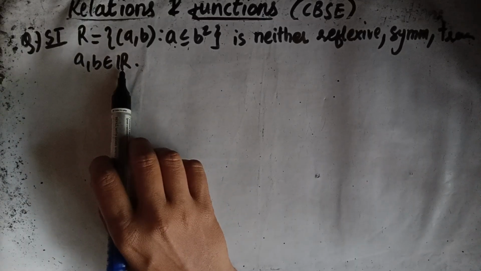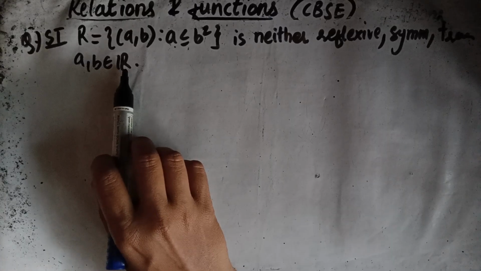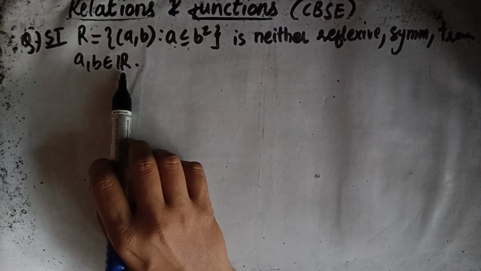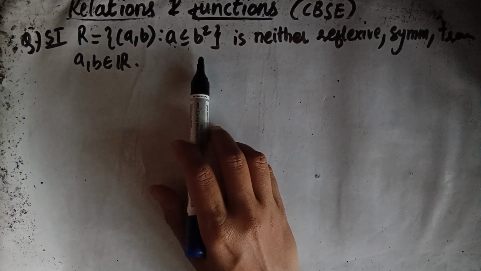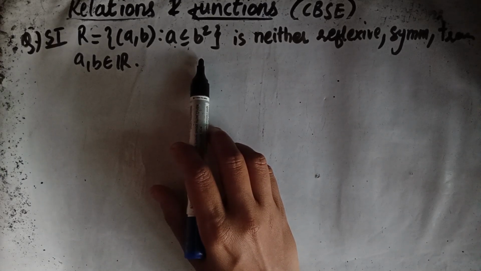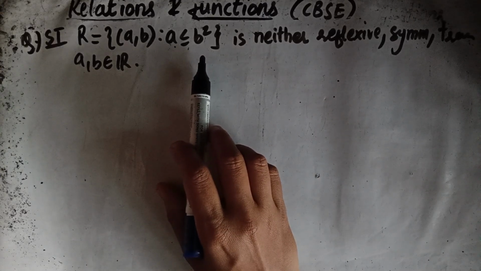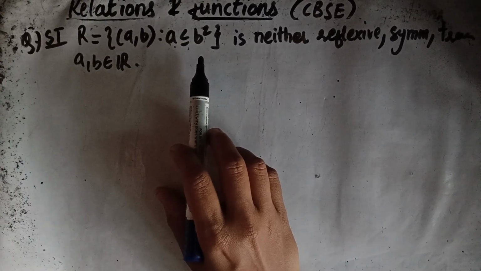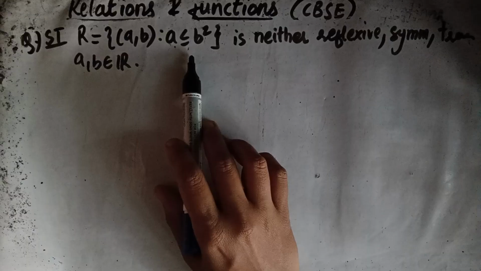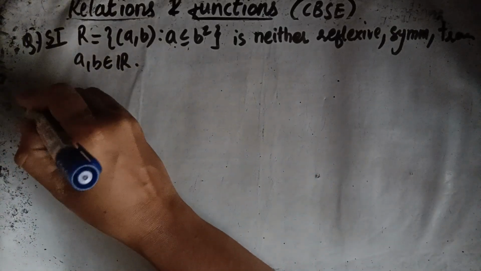Now in this kind of problem where real numbers are involved and such a condition is given, you have to check for every element. So here you have to take some specific numbers. You can't prove it in general, so you have to go for a specific example.